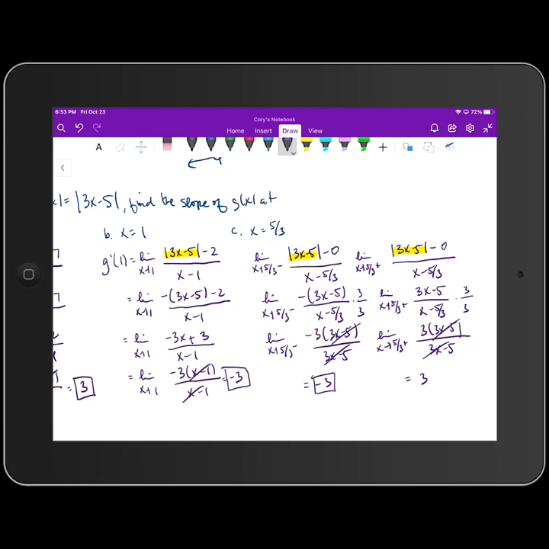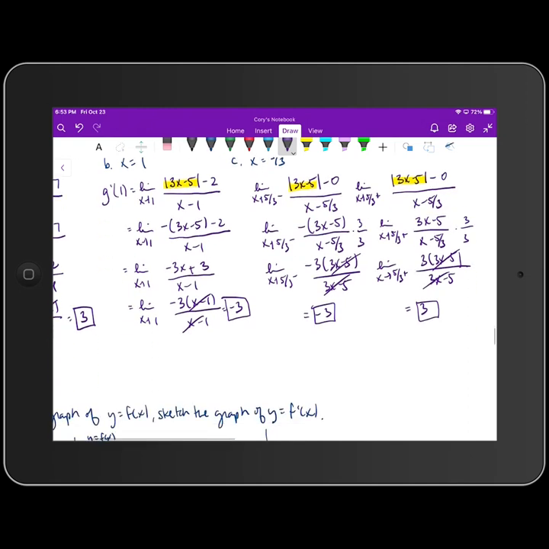Now remember we said earlier that for a function to be differentiable at a point, the slope on the left-hand side has to be equal to the slope on the right-hand side. And that is not the case here. So the slope on each side of x equal to 5/3 is not the same.